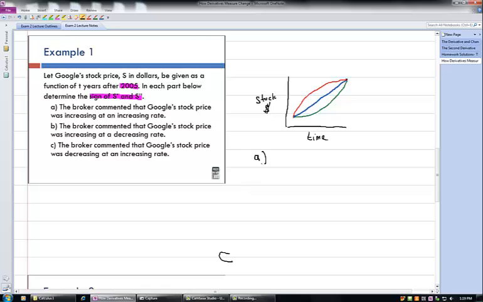So part A. Which color, red, blue, or green, indicates that the stock price is increasing at an increasing rate? If you look at these, you can see that the red one is increasing, but the rates are going from some positive number to a less positive number.